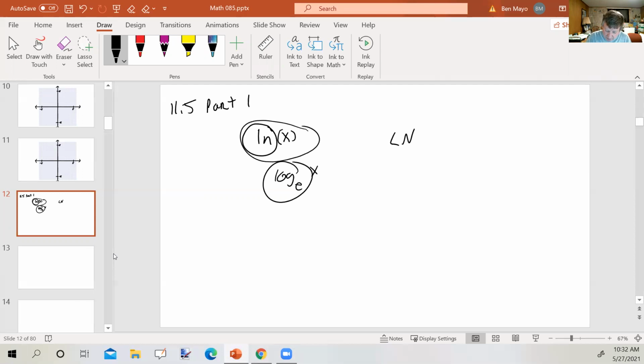So if you say Ln 3, you're wanting to take the natural log of 3.